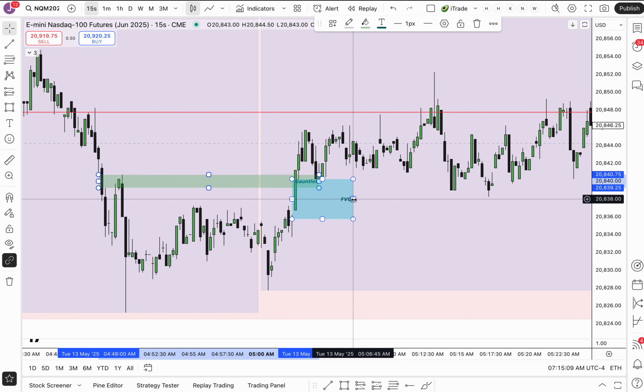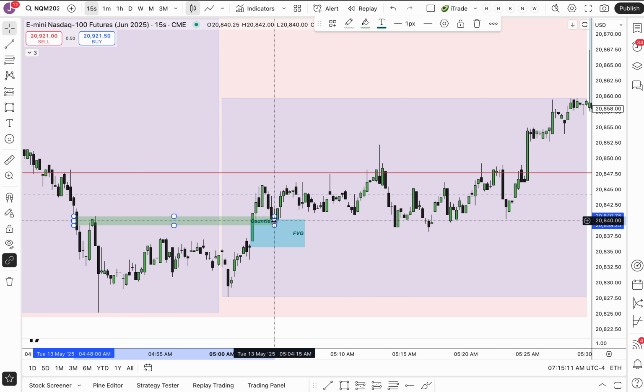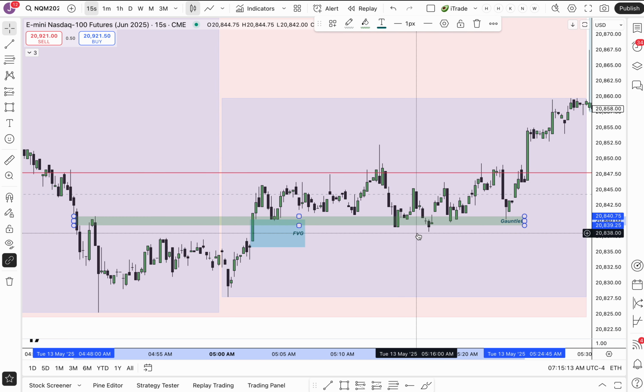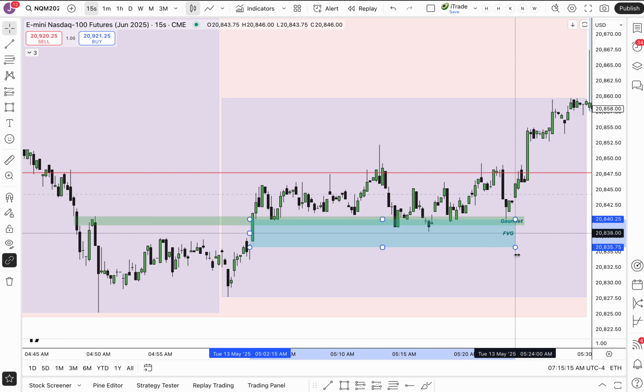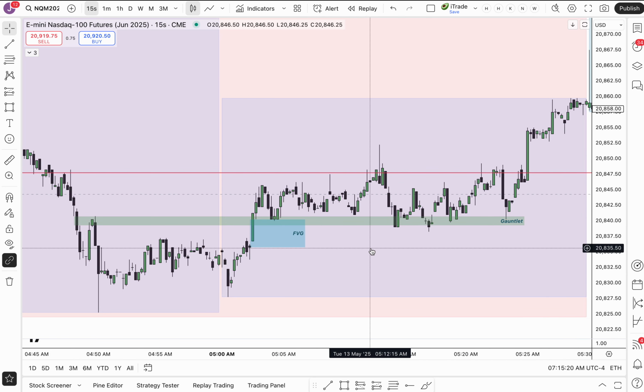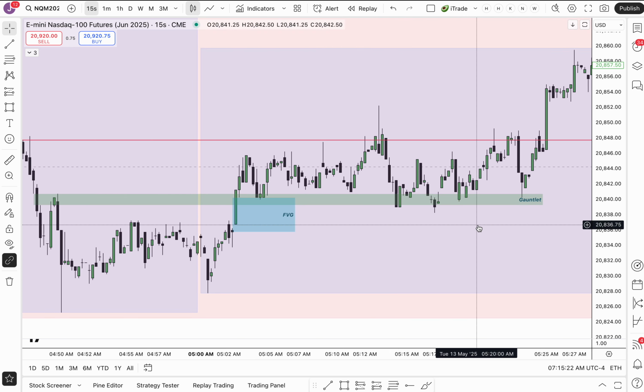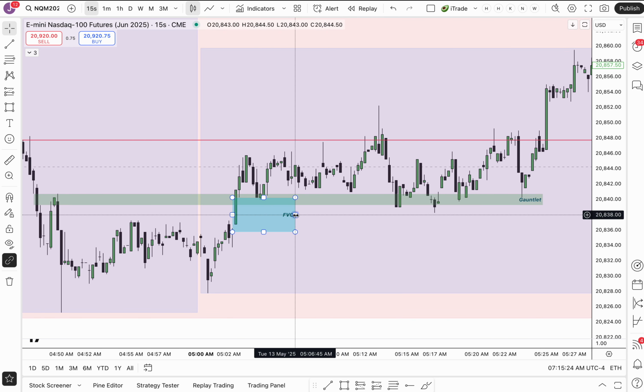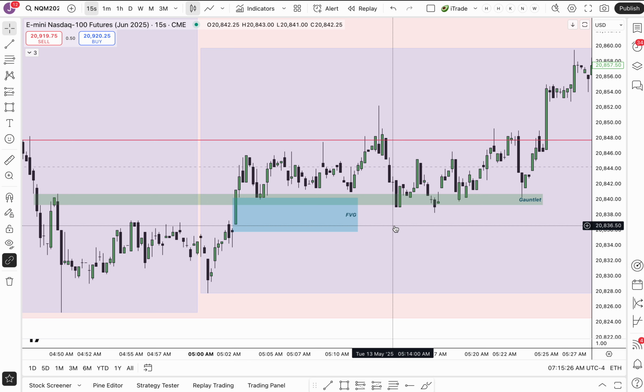And then basically you drag that out in time, you drag this out in time, and that becomes your support level. And you can see price respects it, respects this fair value gap.